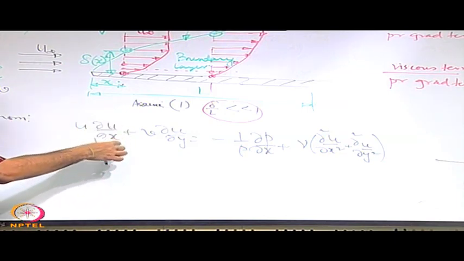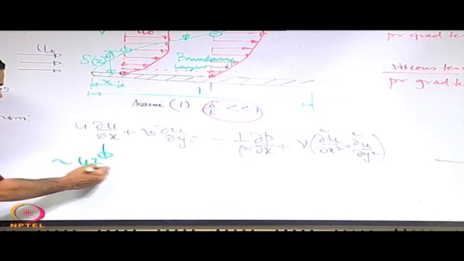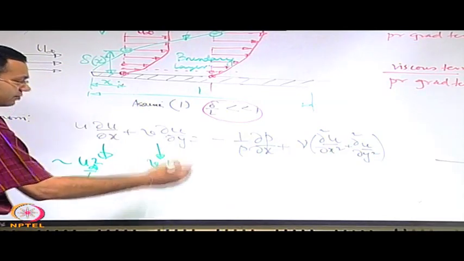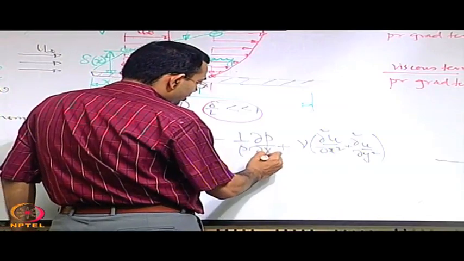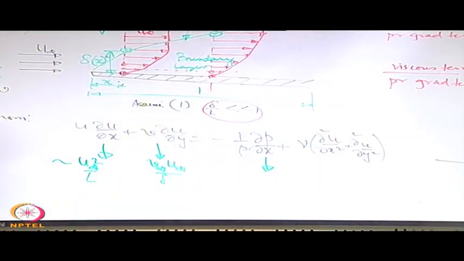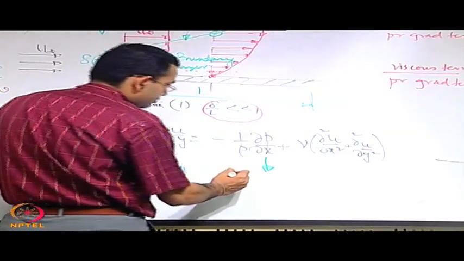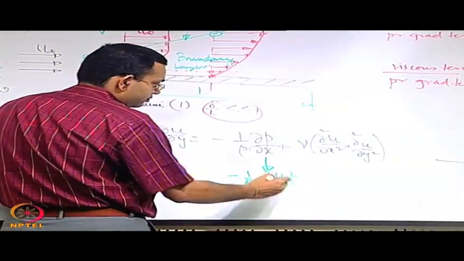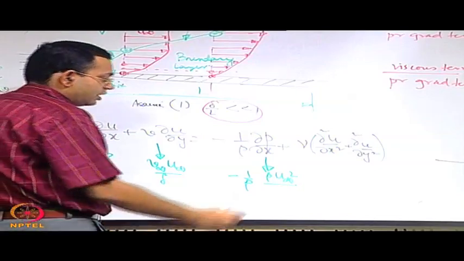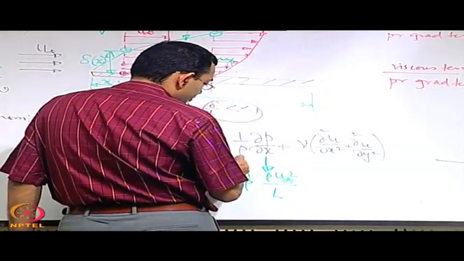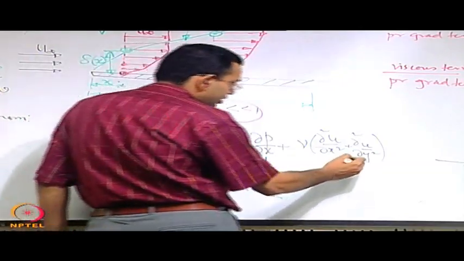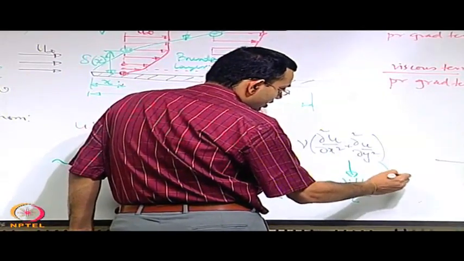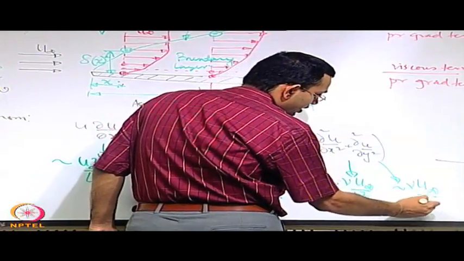U infinity into u infinity by L, so u infinity square by L, this v infinity into u infinity by delta, this one, minus 1 by rho the delta p scale, that is rho u infinity square by L, this term, okay, minus is not important for order of magnitude, then this term nu u infinity by L square, this term nu u infinity by delta square.